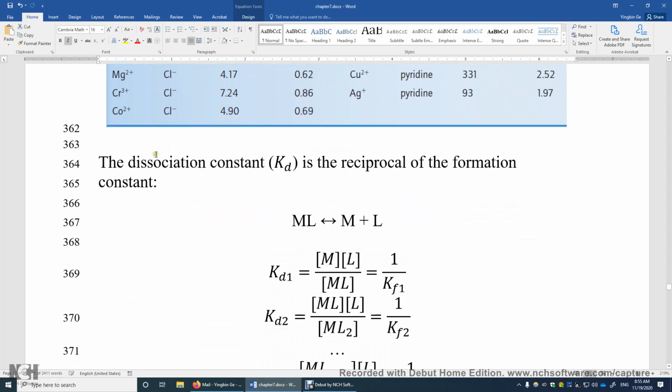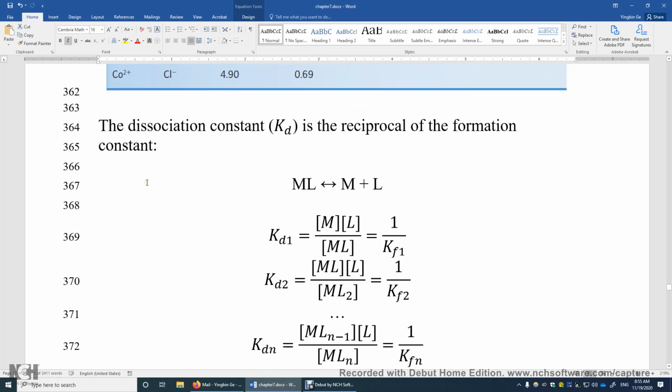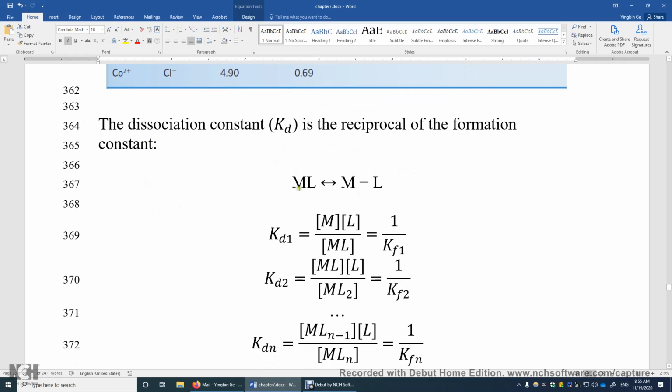There's also a dissociation constant, Kd. The dissociation constant is simply the reciprocal of the formation constant. The equation is like this. We are replacing this ligand L with one solvent molecule. So really over here, this M is now bonded to a solvent molecule.